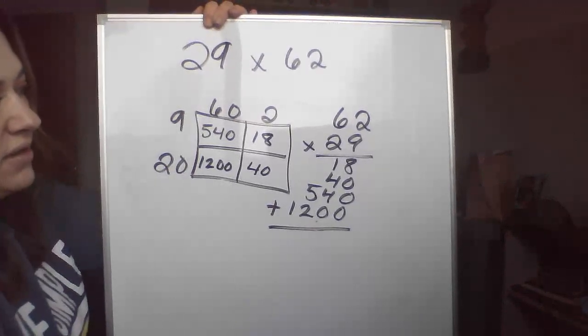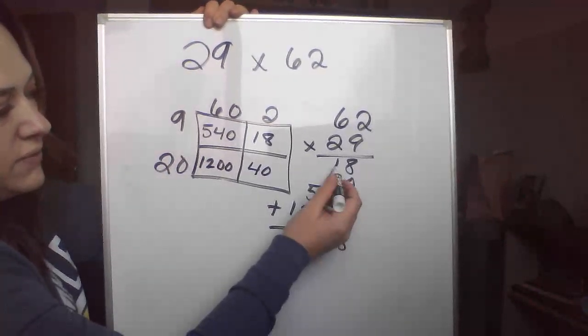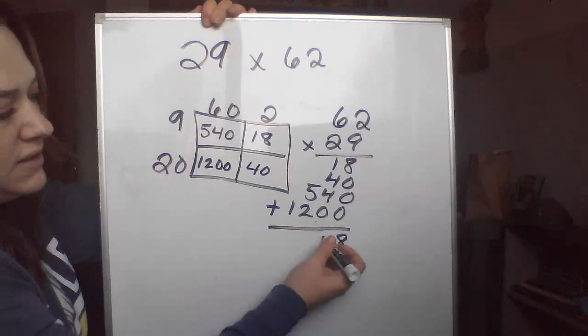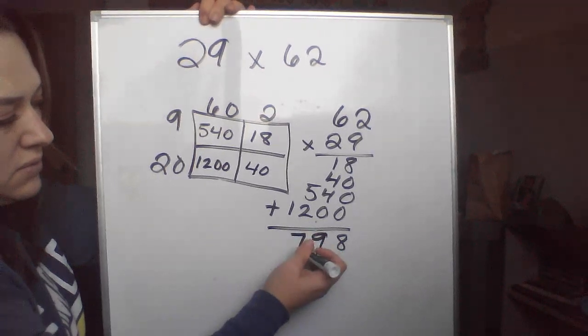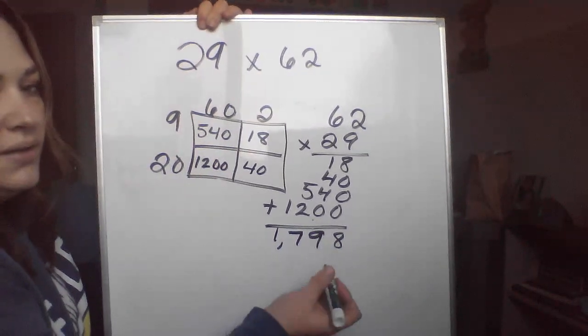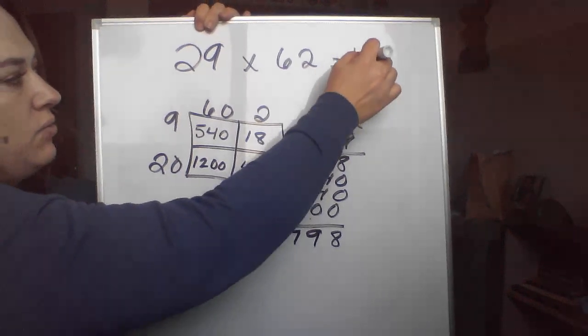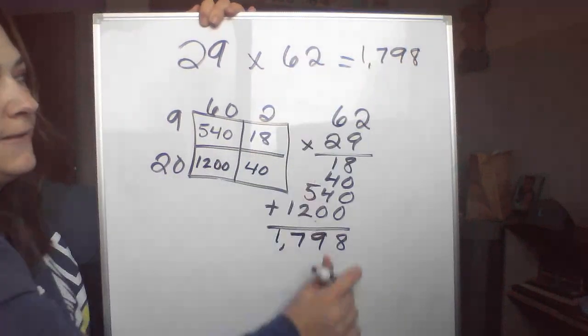We'll add them together. We got 8. 4, 5 plus 4 is 9. 5, 6, 7, and 1. So our final product is 1,798.